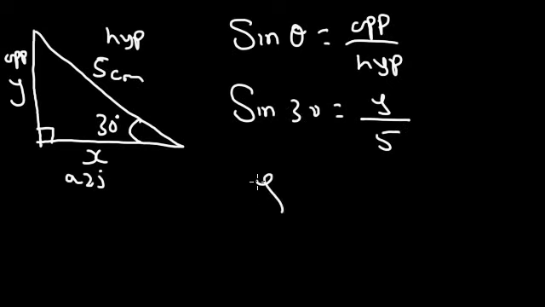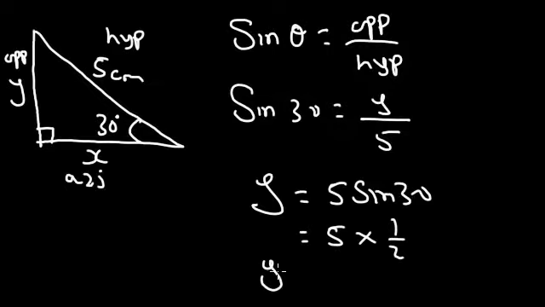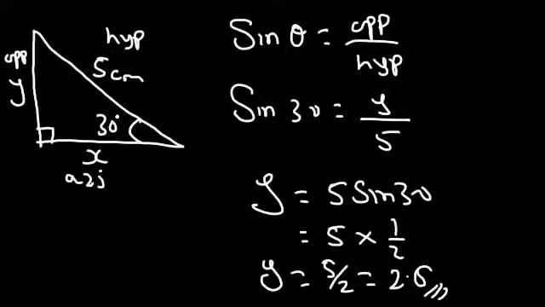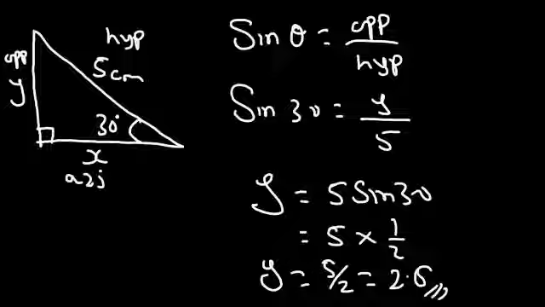Upon cross multiplication, y becomes 5 sine 30. Sine 30 in your calculator gives us 0.5 or 1/2. And finally, y will be 5 divided by 2, that gives us 2.5. That makes sense, because it won't be up to the hypotenuse, since the hypotenuse has to be the longest, which implies it has the highest magnitude. So that's the opposite side, 2.5 centimeters.